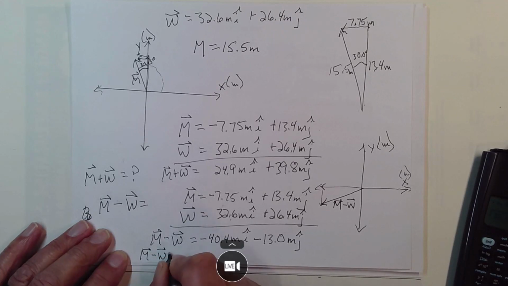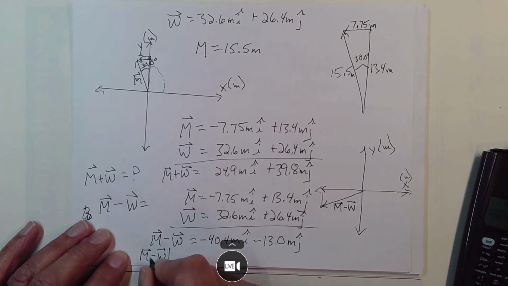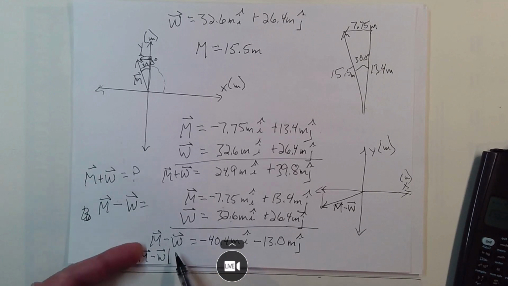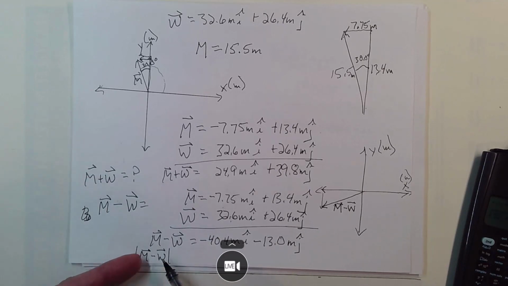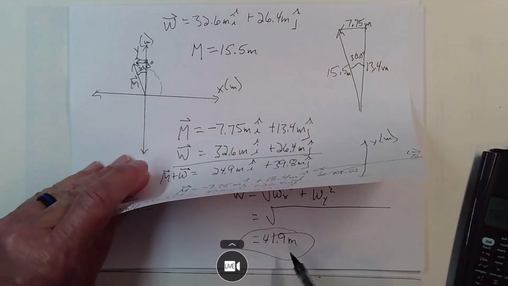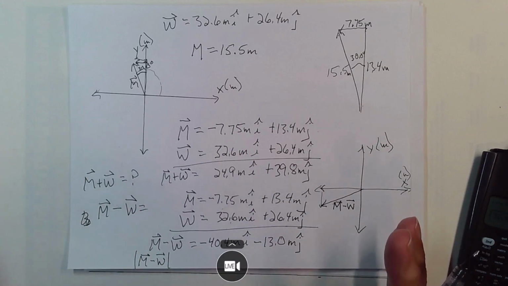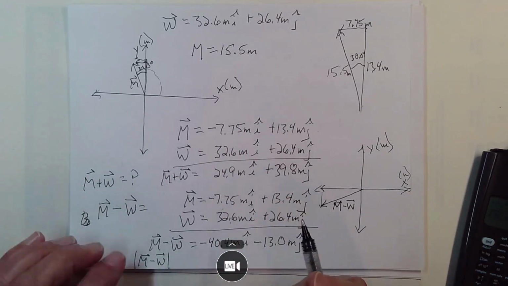Now I have to be careful that I have the vectors on here, because if I left the arrows off that, it would mean the magnitude of m minus the magnitude of w, and that would be 41.9 minus 15.5, but that doesn't take into account that they have an angle with each other.